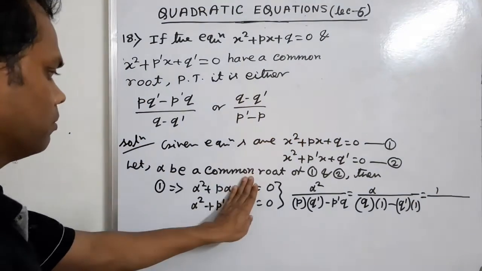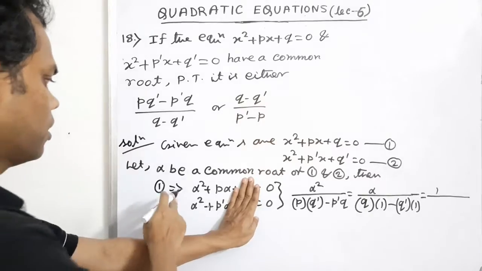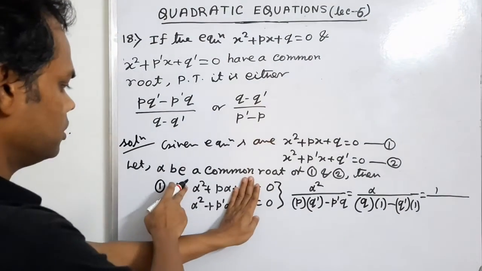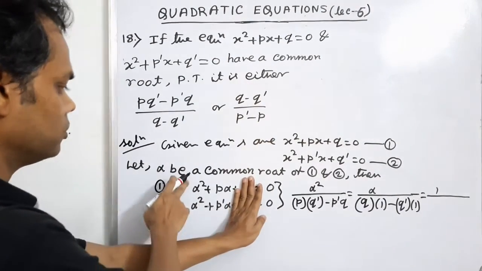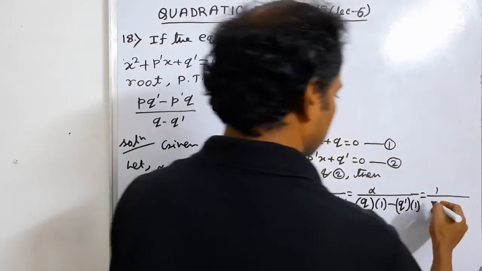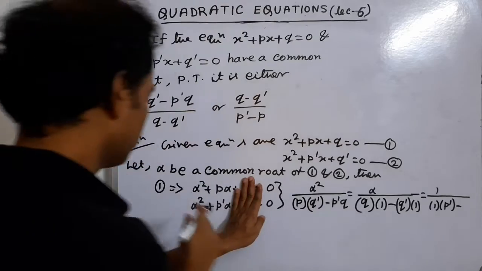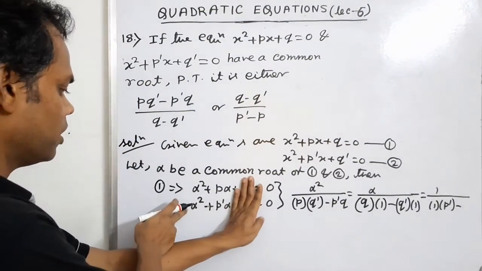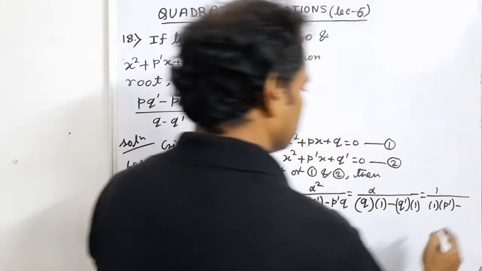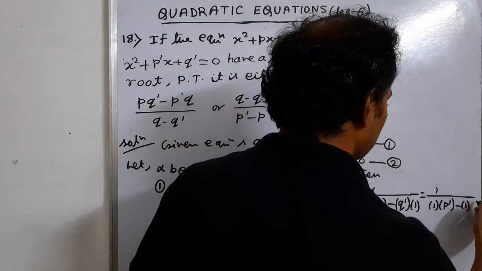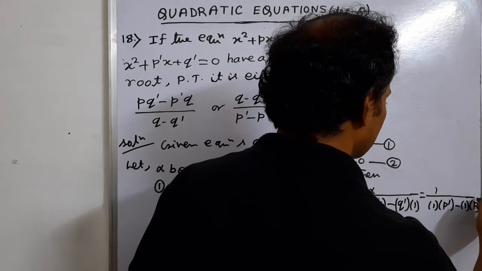One by: coefficient of alpha square is 1 and coefficient of alpha is p dash, so 1 into p dash minus 1 into p. This process is known as the cross multiplication process.